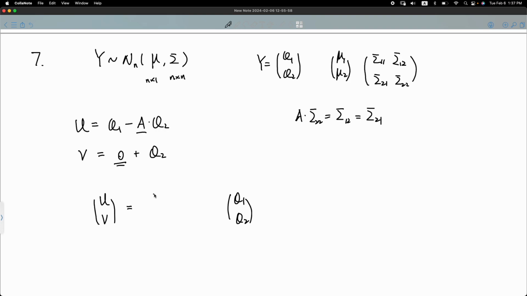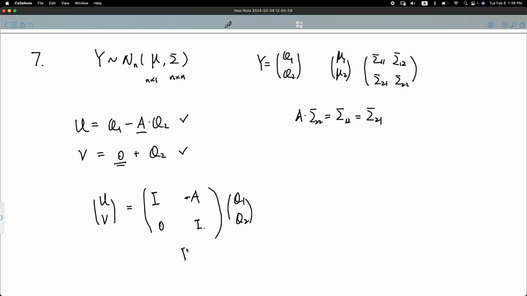Let's write this as I and negative A, also like a matrix but in a partition. Here we have 0 and identity. You can multiply Q1 and Q2 by identity and minus A, and you will get the U here. Also Q1 multiplied by 0 plus Q2 multiplied by identity, you will get this V here.